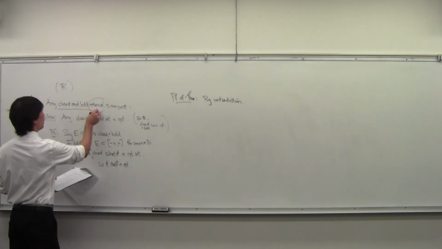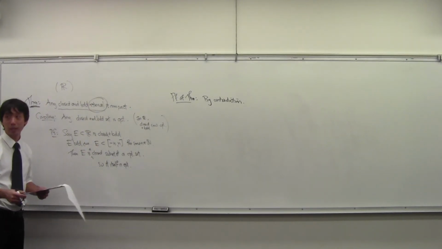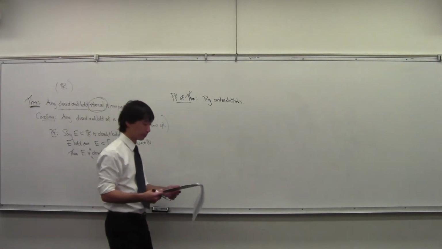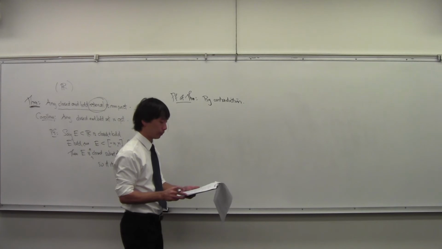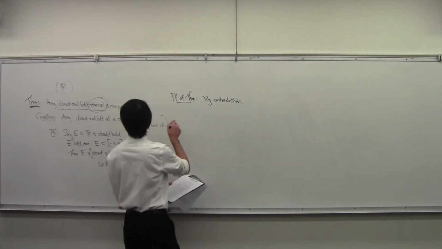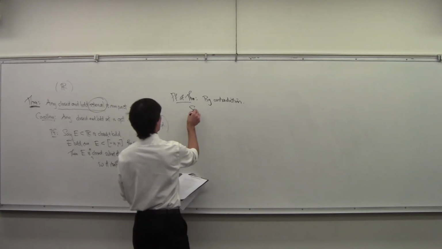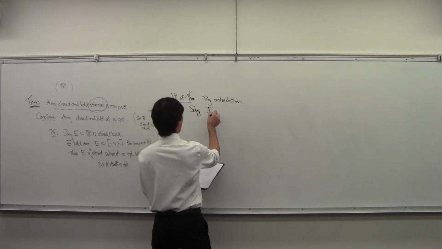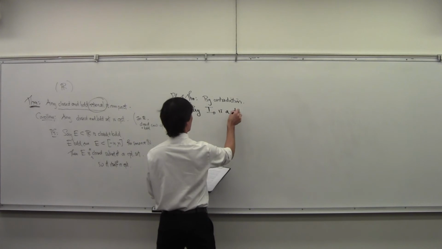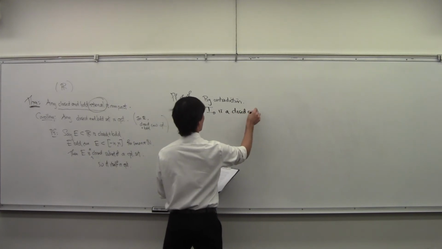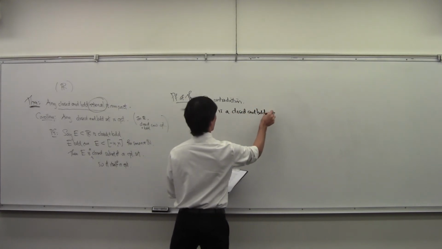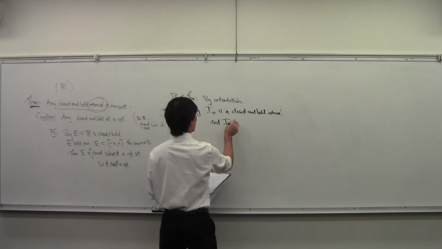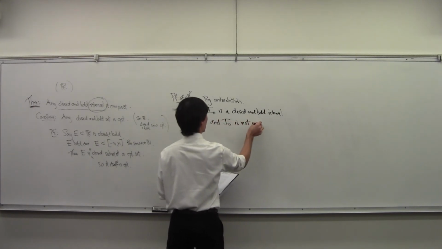Yeah. So we are going to now prove that any closed and bounded interval is compact. So suppose that I naught is a closed and bounded interval, and that I naught is not compact.